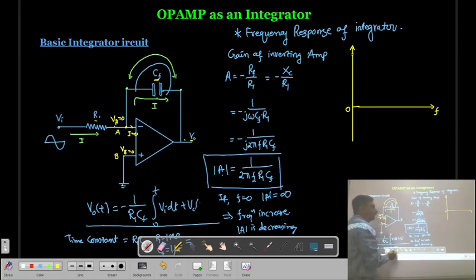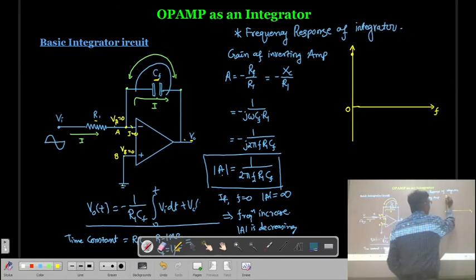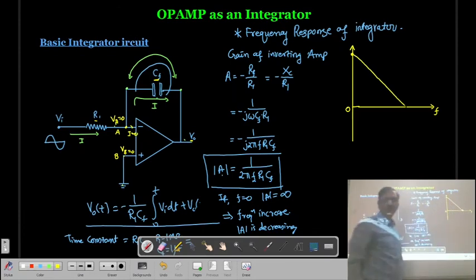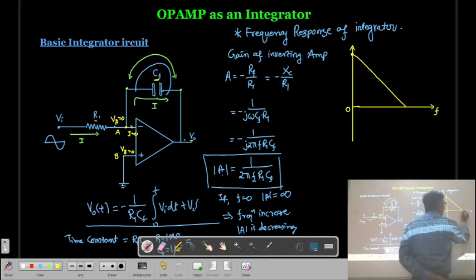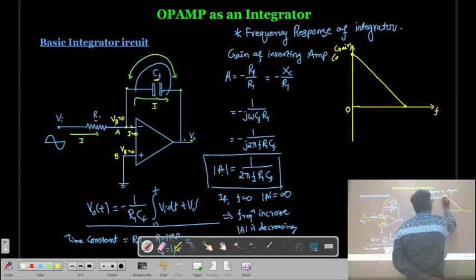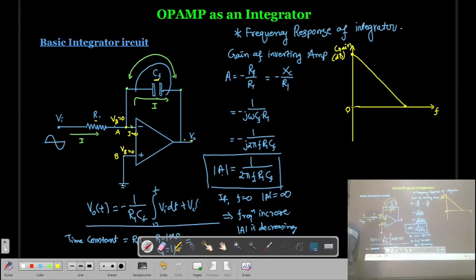And as the frequency is increasing, the gain of the amplifier goes on decreasing, like this. Here, if we have this gain in dB, then at a particular frequency, the gain is 0 dB. 0 dB means what? The gain is unity. Remember, whenever the gain A is equal to 1, and if you calculate in dB, that is 0.